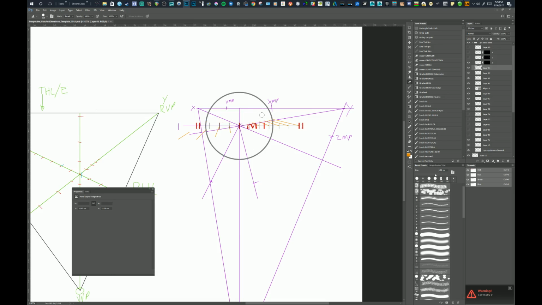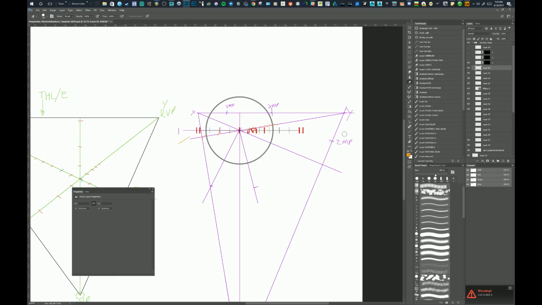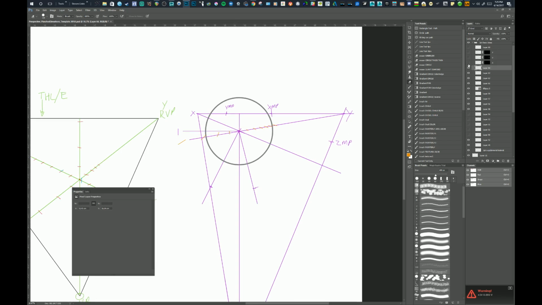So now we have all of our foreshortened measuring points on the Y, going both forward and backward using our plan view, right? So now the other one is going to be, so that was Y, wait.